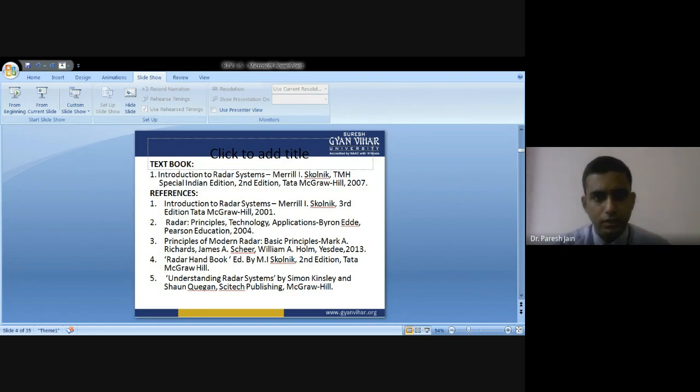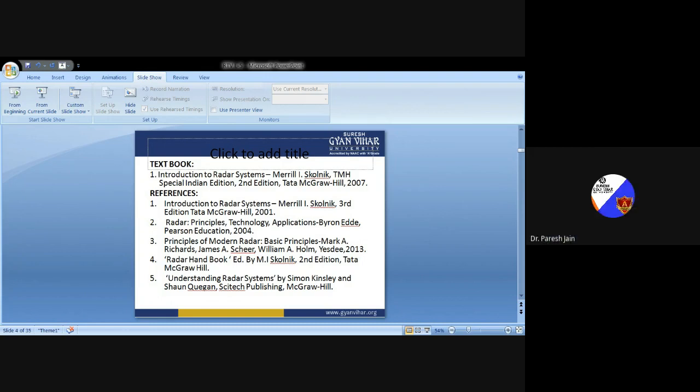In the case of radar, we are going to discuss the basic frequencies of radar: what are the different frequencies used in radar, and how they are divided for different radars. Here you will understand the basic definition of frequencies or spectrum.